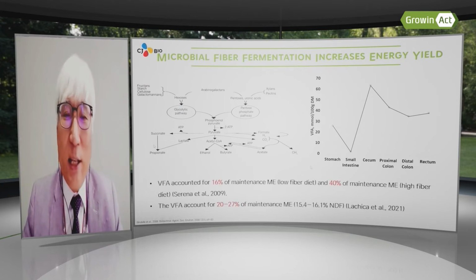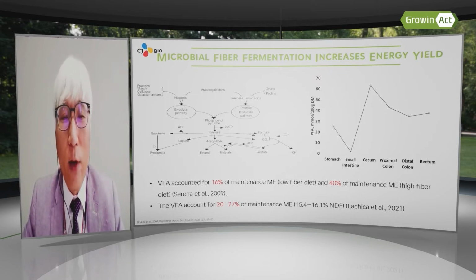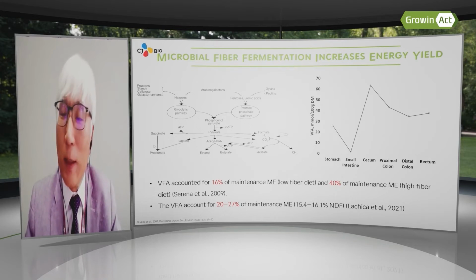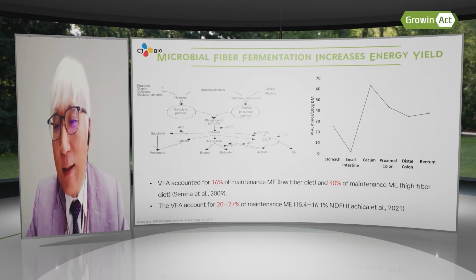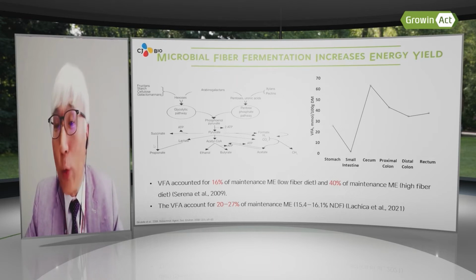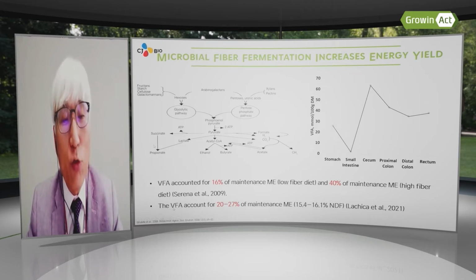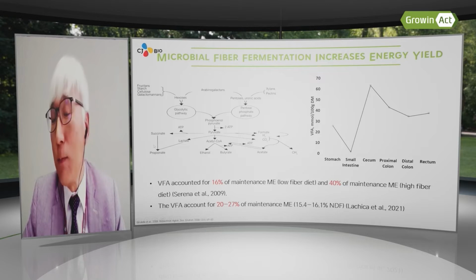Looking at the literature, Serena et al. and colleagues in 2009 estimated that volatile fatty acid provides 10% of the maintenance energy when you're feeding a low fiber diet, but it can be up to 40% of the maintenance energy for pigs fed a high fiber diet. In another study, Lachka et al. in 2021, a very recent estimation, estimated that volatile fatty acid accounts for 20 to 27% of the maintenance energy in a diet containing about 15 to 16% NDF.